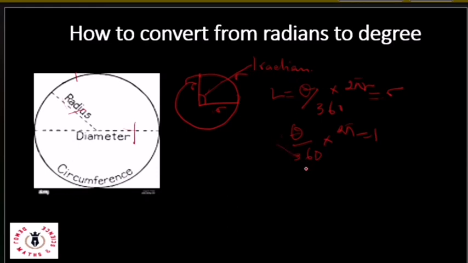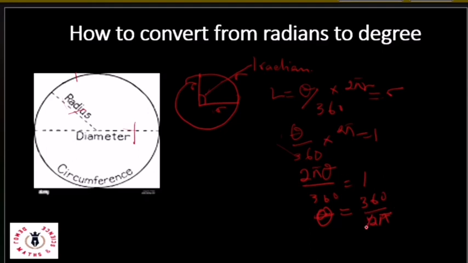So that I can now cross multiply. I can now have 2 pi times theta, that is my 1 radian, over 360 to be equal to 1. So that my theta now is equal to 360 over 2 pi. So that conveniently, my radian is equal to 360 over 2 pi.